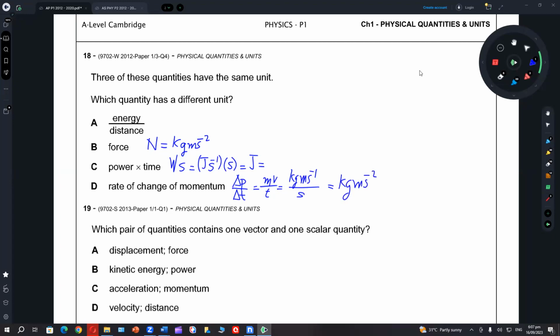So if you bring this second up, now translate joule further into Newton meter. kg m s minus 2 into meter gives kg m square s minus 2.